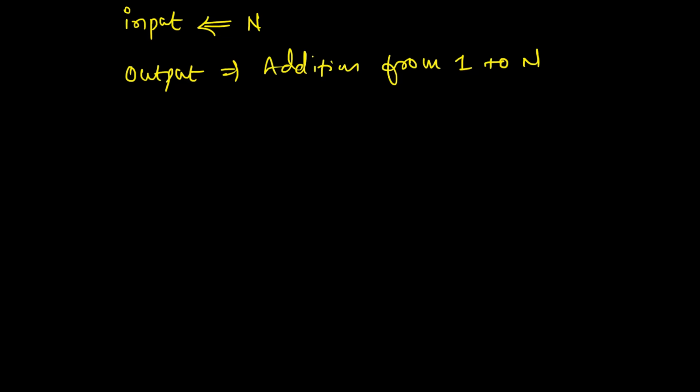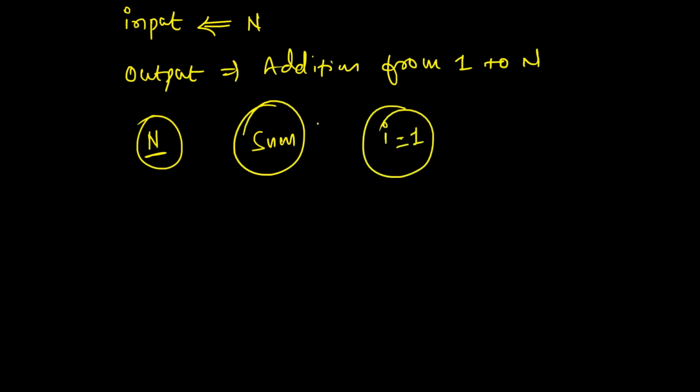We have to take some variables, and by using those variables we will design logic. Okay, so how many variables we have to take? Obviously, n to store the final term, the second sum to store the addition, and third is I to indicate the starting point.